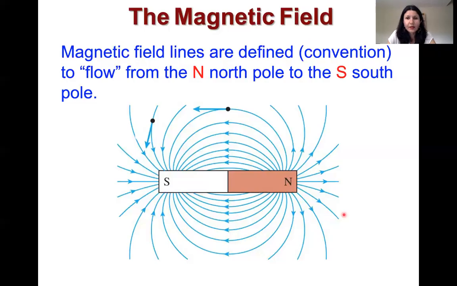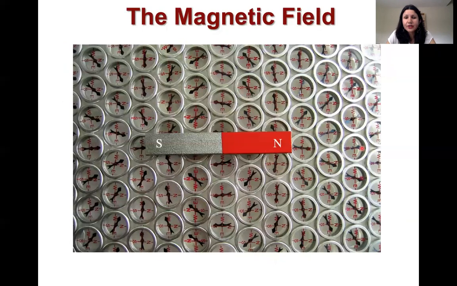All right, so how do we actually view this? Well, you can imagine that if you take this magnet, which has this north and south pole, you can think of it as our source. If you put a bunch of little compasses around this magnetic field, compasses themselves act like mini magnets.